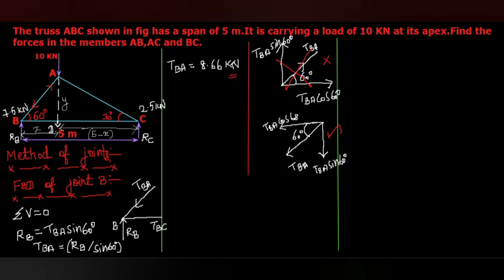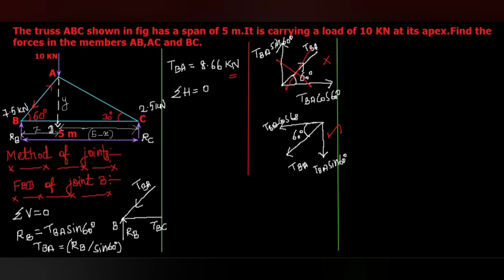Then summation of horizontal forces equal to 0 in the same joint to calculate the force in the member TBC. So now this inclined force TBA with an angle 60 degree is resolved into two components. TBA sin 60 compensates the upward force RB.